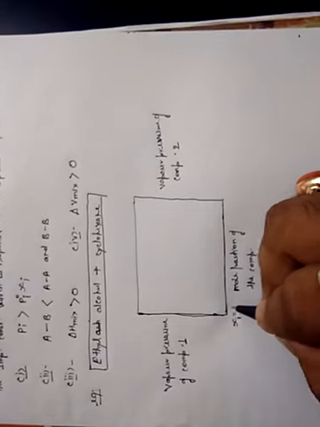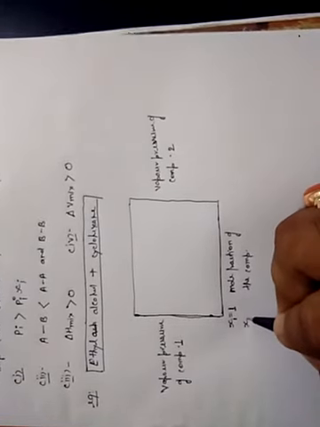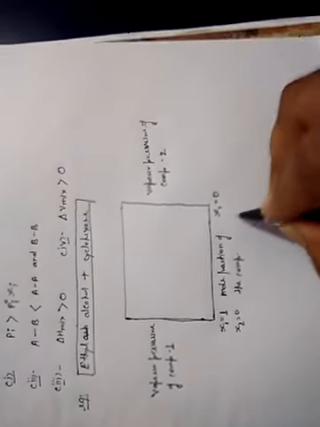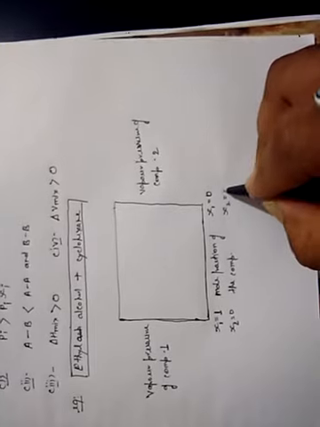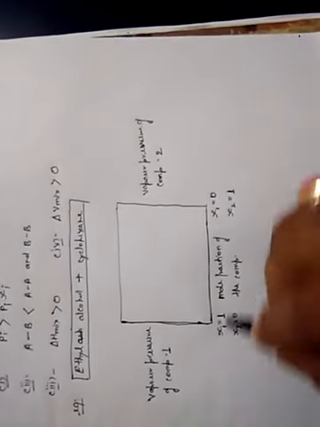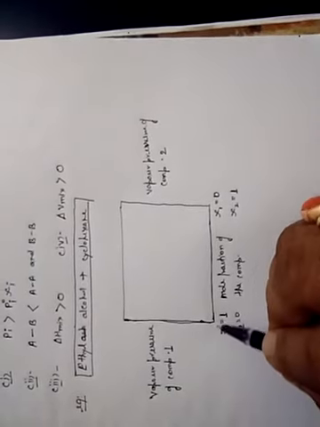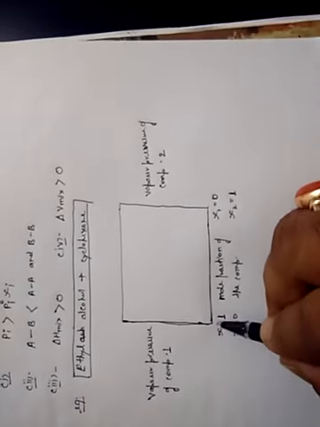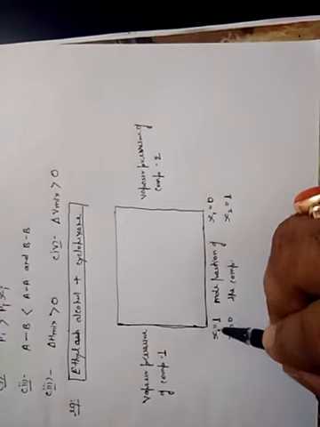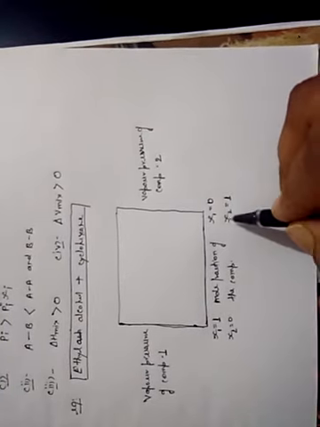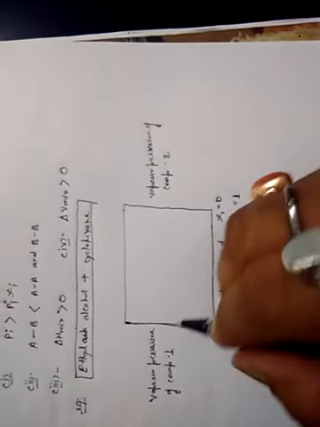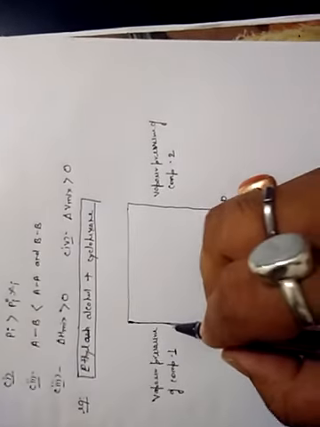Here we consider the mole fraction of component 1 is 1 and mole fraction of component 2 is 0. At the other end, the mole fraction of component 1 is 0 and mole fraction of component 2 is 1. When we proceed from x1 toward x2, the mole fraction of component 1 decreases and the mole fraction of component 2 increases.